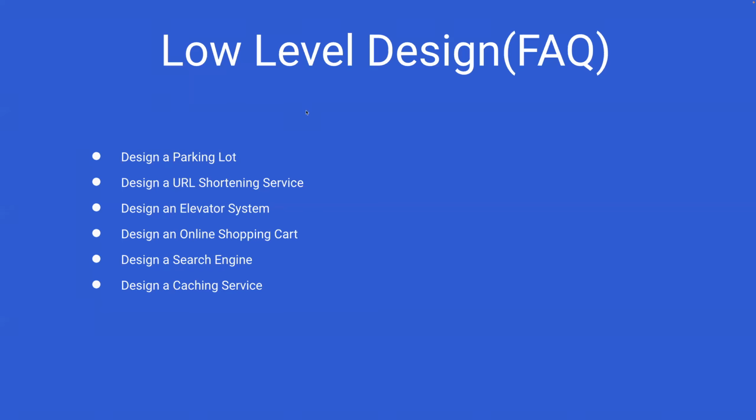Some frequently asked low-level design questions are: design a parking lot, design a URL shortening system, design an elevator system. Let's say if you have only a single elevator, then how are you going to implement the up and down function? This is fairly easy.